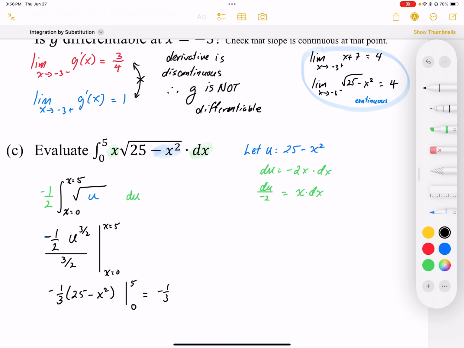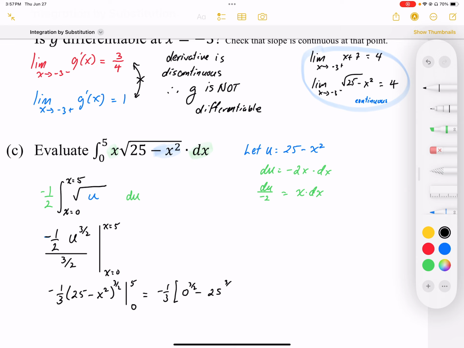So negative 1/3. 25 minus 25 is going to be 0, minus 25 minus 0 is 25. So this is going to be to the power 3 over 2. So it's going to end up being 25 to the power 3 over 2. I'm just going to write this out first.